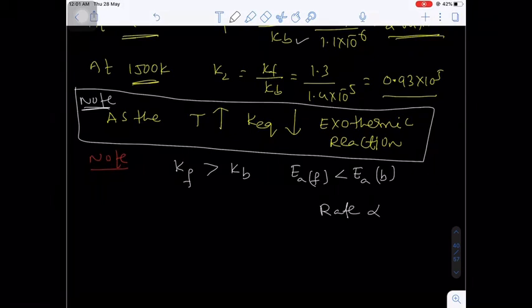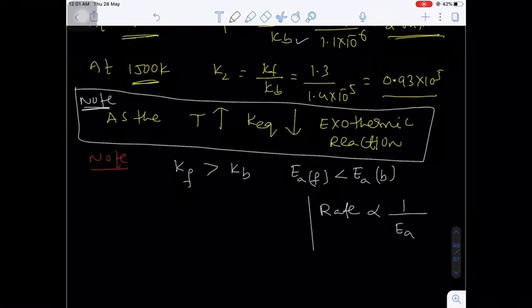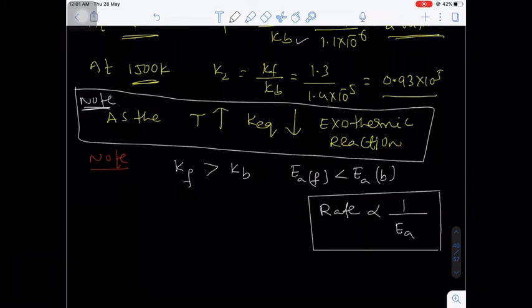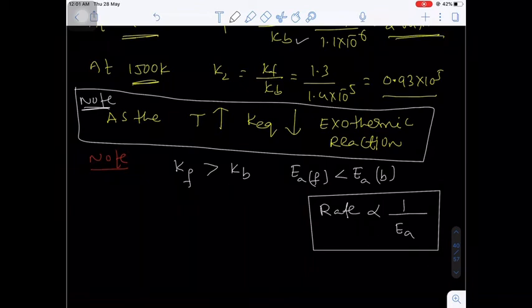That means we have to know that rate of reaction is inversely proportional to what? Activation energy. Lesser the activation energy, faster the rate of the reaction. Okay. Now rate constant and rate are directly proportional. Now rate constant is more, that means rate of a reaction is more, that means activation energy will be less.